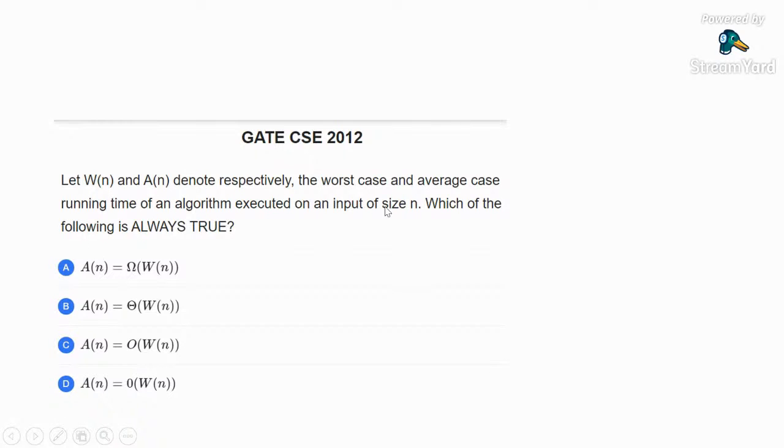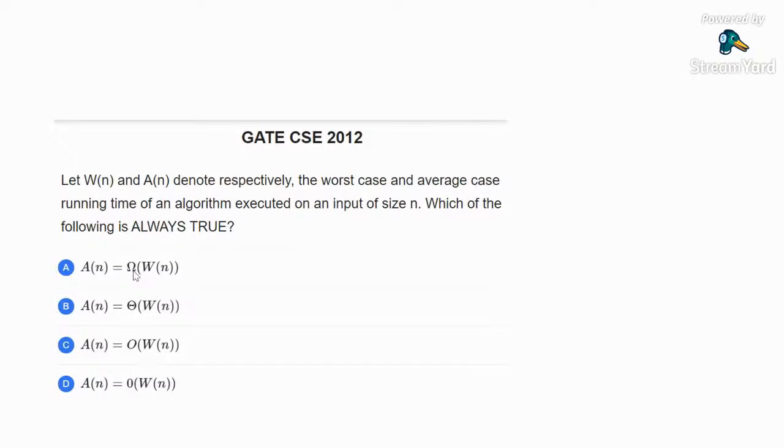The question says, which of the following is always true? Now consider the first one: A of n is omega of W of n. What is it saying? Which one is larger? W is larger. The notation omega is used for providing the lower bound.